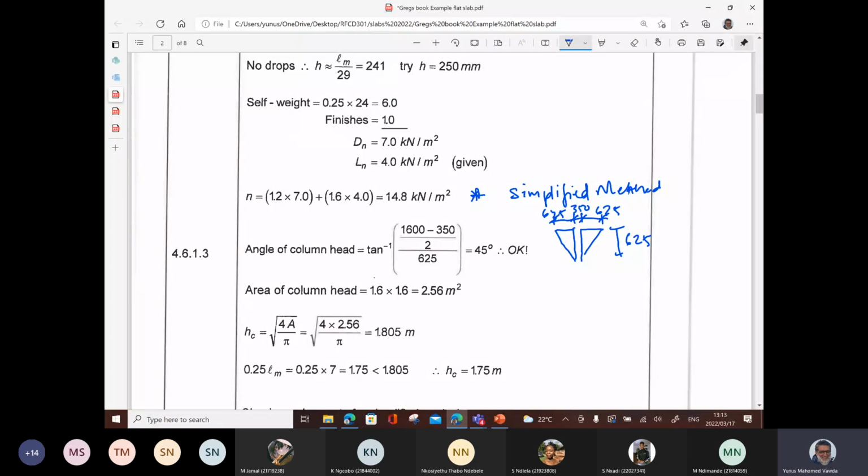Area of column head, 1.6 by 1.6, so this is checking that you got 625. As you can see, that's 45 degrees. So that's okay. Area of the column head is 2.56. The next step is to convert this area to a circular area. So if you remember, let me write it from the beginning.